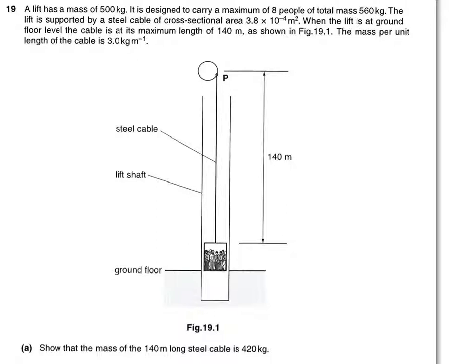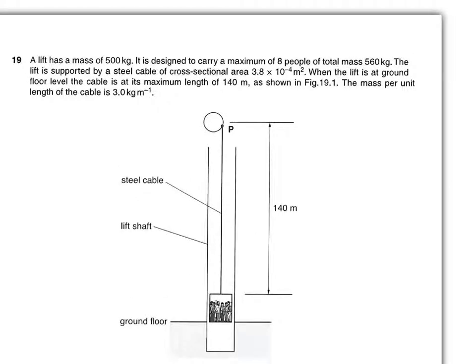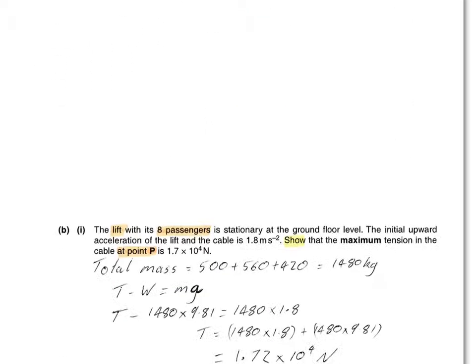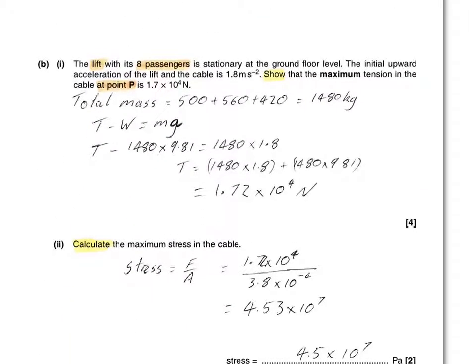So we're given the information about the lift and the people inside at the very top of the question, and then in part A we worked out the mass of the cable. So fairly straightforwardly, the total mass is adding up the masses of the cage, of the people, and of the cable, and that's getting me 1480 kilograms.